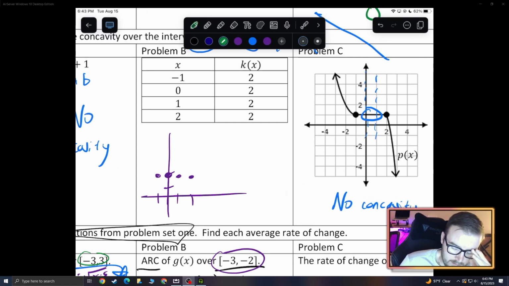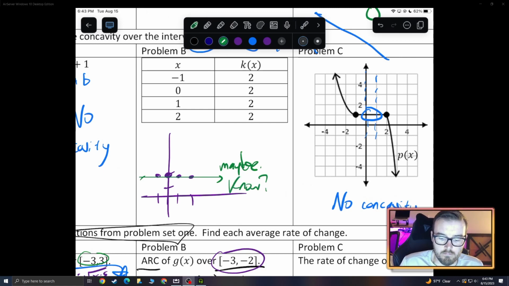And what I said in class and what I'll say again now is, is this a line? Maybe. It's maybe a line. Do we know that it's a line? No, we don't know if it's a line.